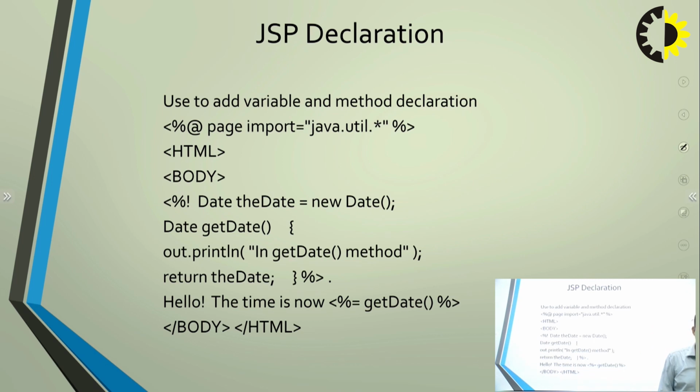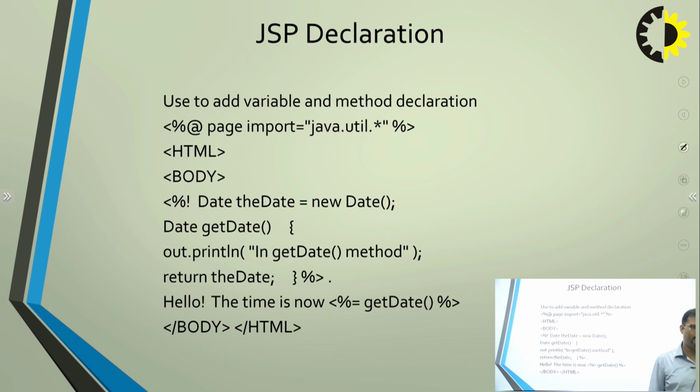JSP declaration, with the time being. Here it is used to add variable and method declaration: how to use a variable and how to use a method in HTML. Starting with @page import java.util.*, then HTML body, then the date is equal to new Date.